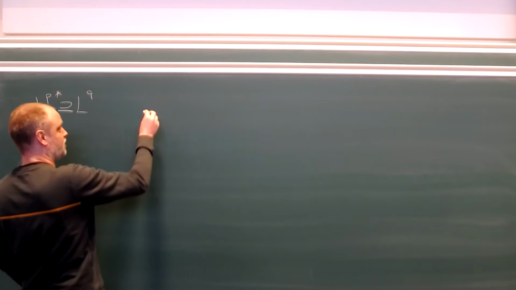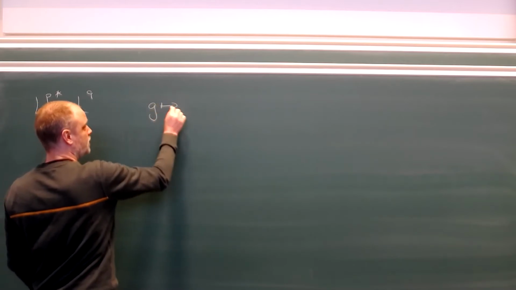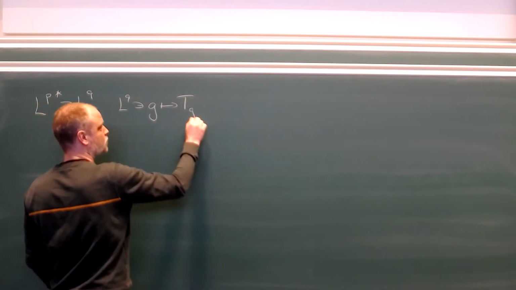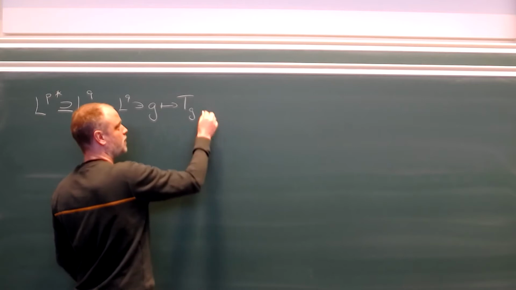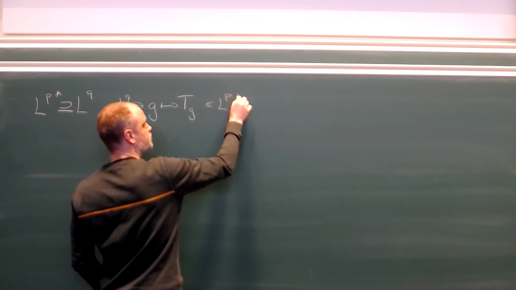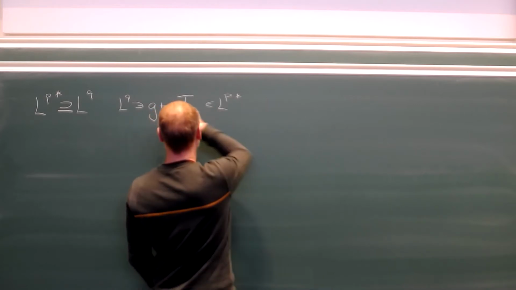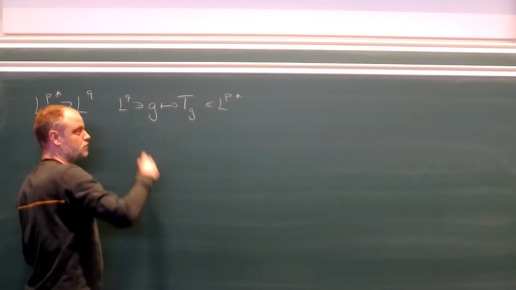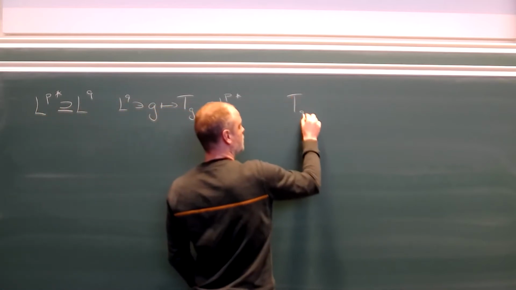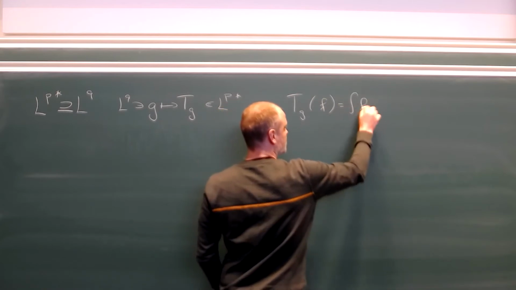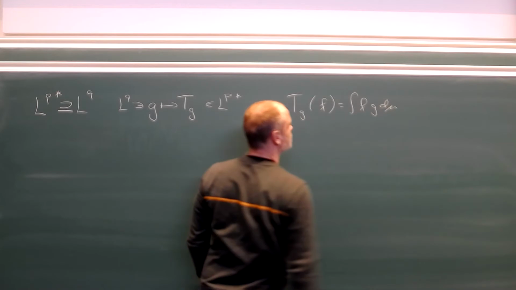And we had established that L^q is a subset in the following way: if you take a function g in L^q and send it into the linear function T_g, this is in the dual space, so this is an isometry sending g into T_g, where T_g is a linear functional, so you can apply it to an f in L^p, and then you just integrate f against g.